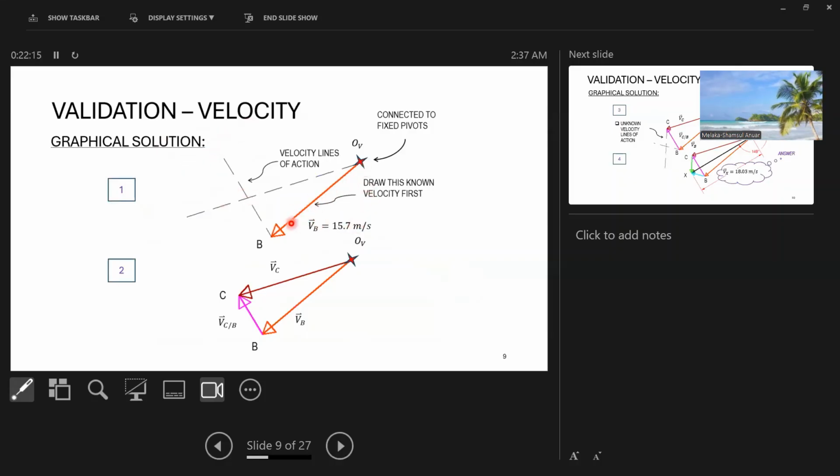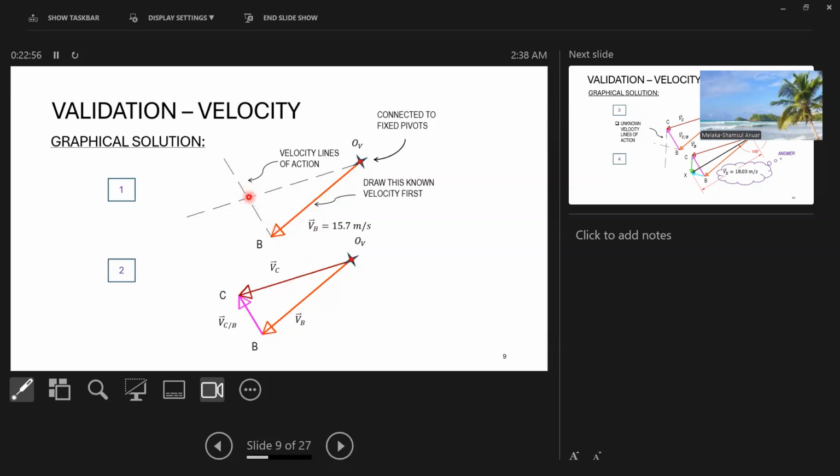So always start with this known information, 15.7 meter per second. That's from point B. Then we know this is a line perpendicular to R4, and this line is perpendicular to R3. So the line for B4 must always start from the same origin as the first input velocity.